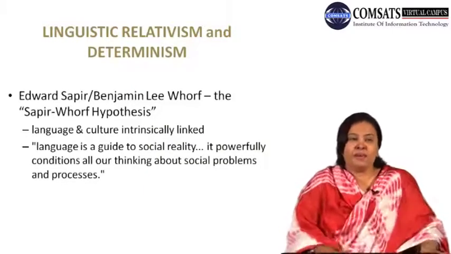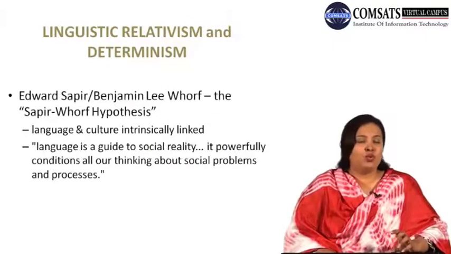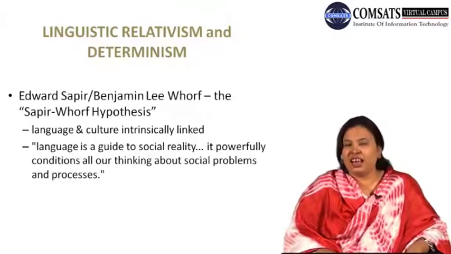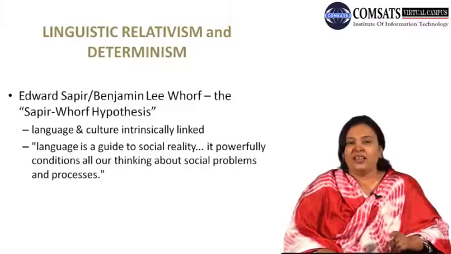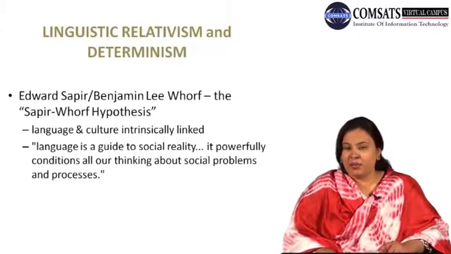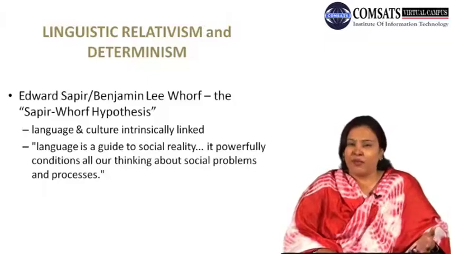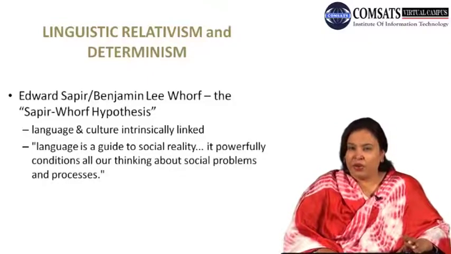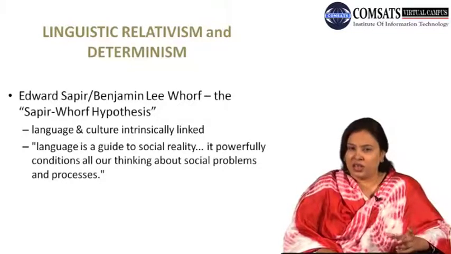Then, with respect to this relationship between language and society, we have two major ideas of linguistics: relativism and determinism. Let me make it clear that linguistic relativism and determinism are rooted in the Sapir-Whorf hypothesis, which can be divided into two parts: linguistic relativism and linguistic determinism.